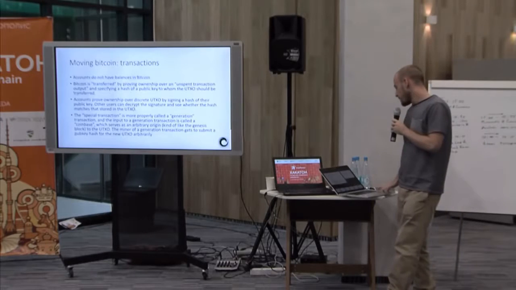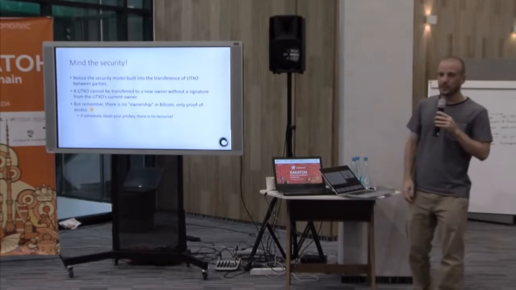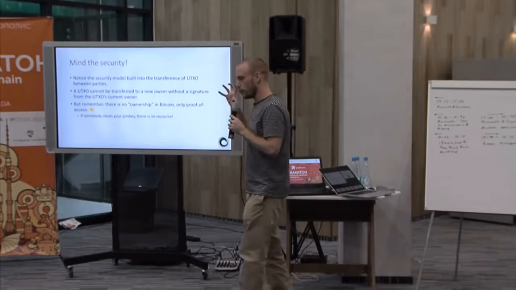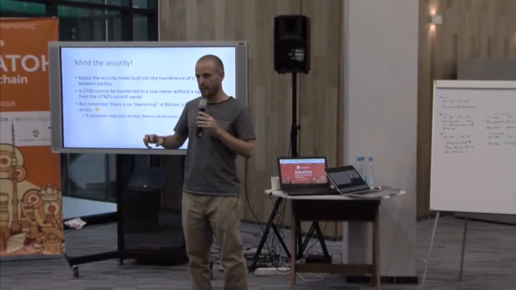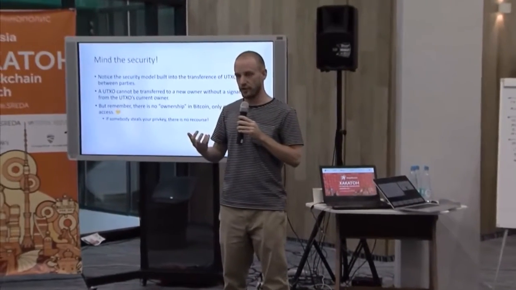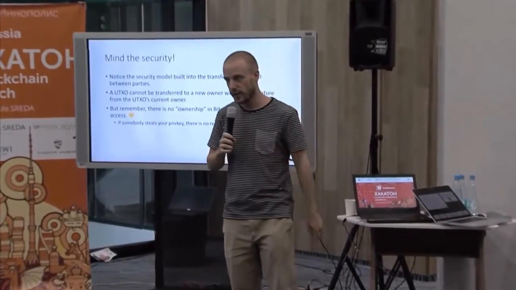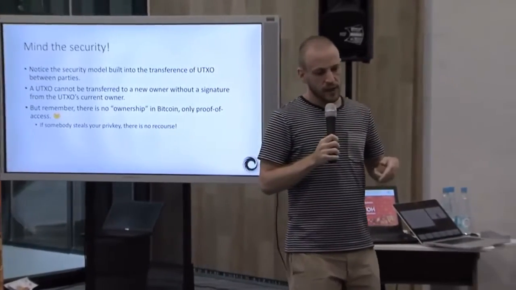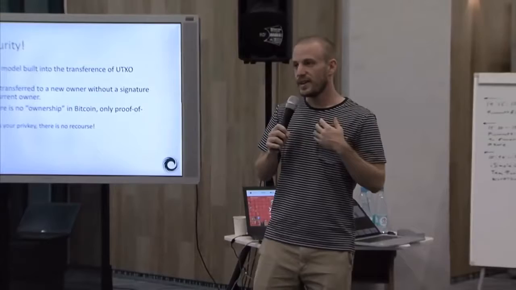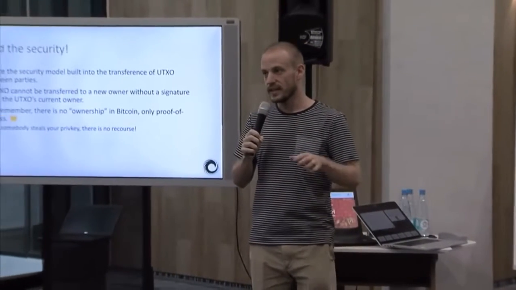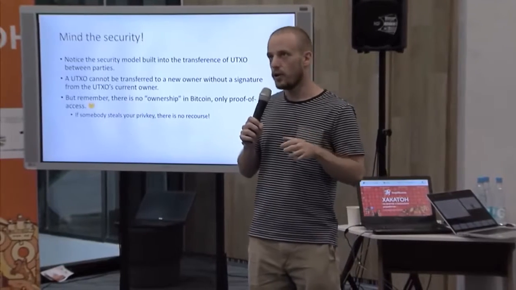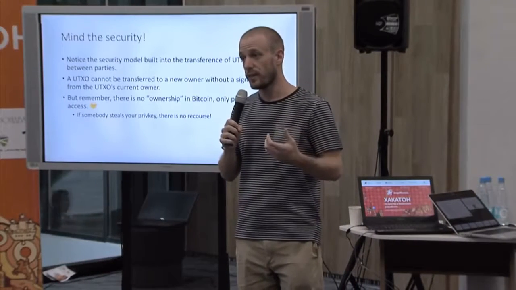Now, the way that Alice proves that she actually has 5 Bitcoin to send to Bob is that there's going to be 5 Bitcoin in this data structure called a UTXO, which is an unspent transaction output, right? That unspent transaction output is going to have a hash of Alice's public key inside of it, and this is going to prove that Alice is the owner of this UTXO, of this 5 Bitcoin.